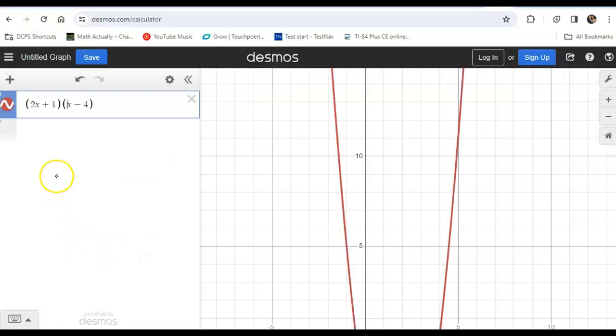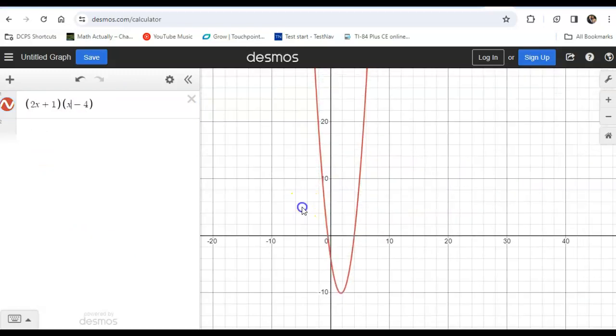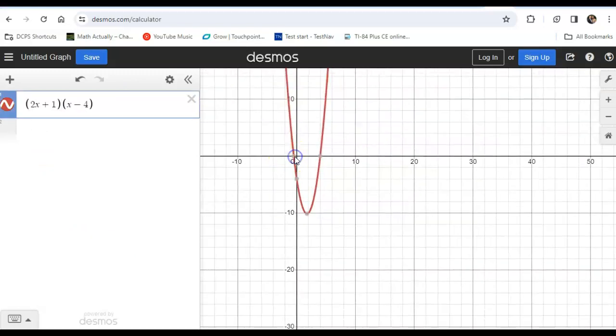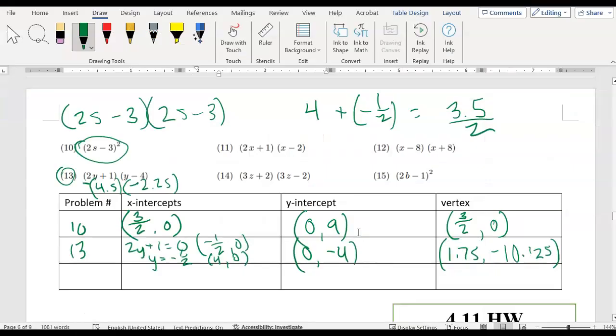And I don't know why it doesn't like the way that I'm doing my parentheses, but there you go, there you have it. And you can see here we have negative 0.5, 0, 4, 0, and 1.75, negative 10.125 as an answer. Okay, so you can check it using Desmos if you like.